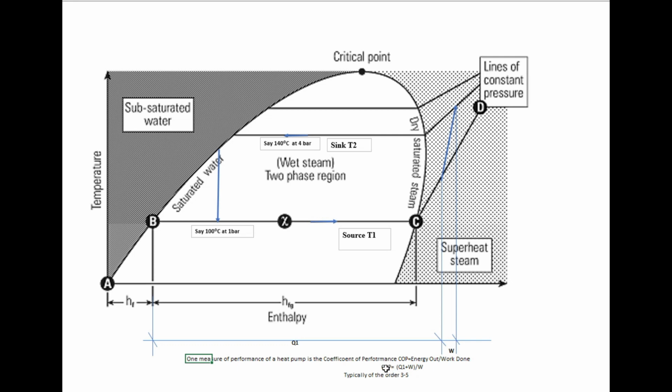So here the coefficient of performance is Q1, the amount of heat that we added, plus the work, divided by the work that we have done in order to get that heat. A typical COP is of the order of 3 to 5, can be as low as 2, can be as low as 1, but a typical order would be 3 to 5.